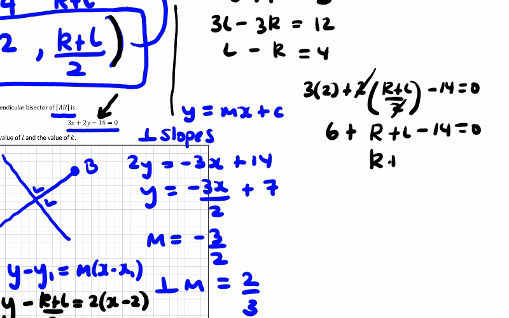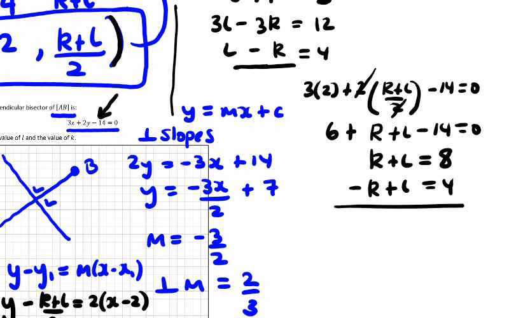So k plus L, bringing over, minus 8 will be plus 8. And from up here we have L minus k, or minus k plus L is equal to 4. So 2L is equal to 12. L will be 6. So k, with L plus k being 8, will be equal to 2.